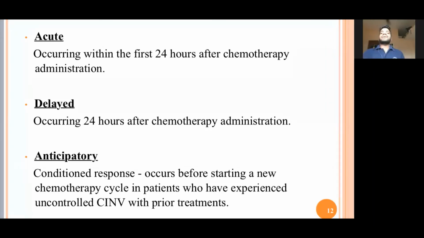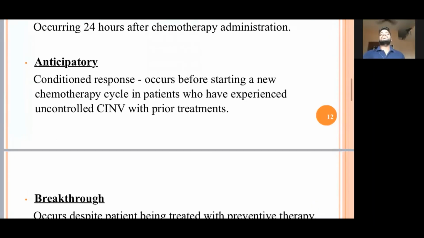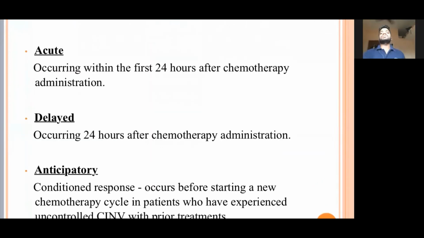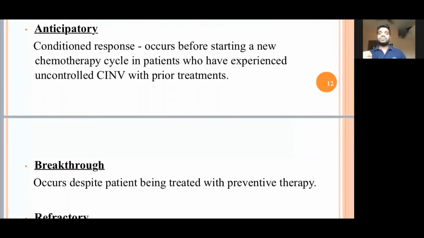The third one is anticipatory. As the name says, you anticipate this kind of nausea and vomiting. That means this occurs before starting, like a conditioned response. This conditioned response occurs before starting a new chemotherapy cycle in patients who have experienced uncontrolled nausea and vomiting with prior treatment.